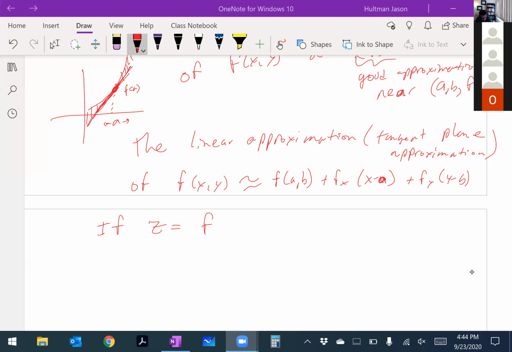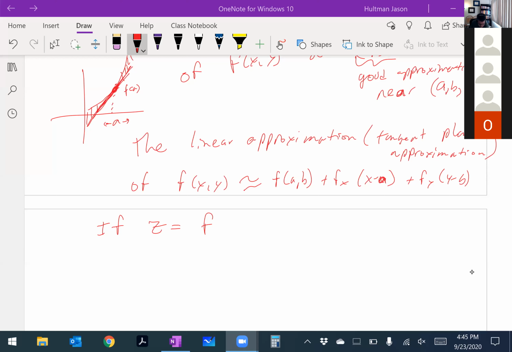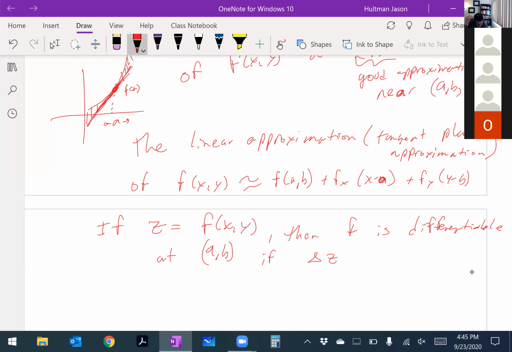Okay, if z equals f of x, y, then f is differentiable at (a, b) if delta z can be expressed in this form.